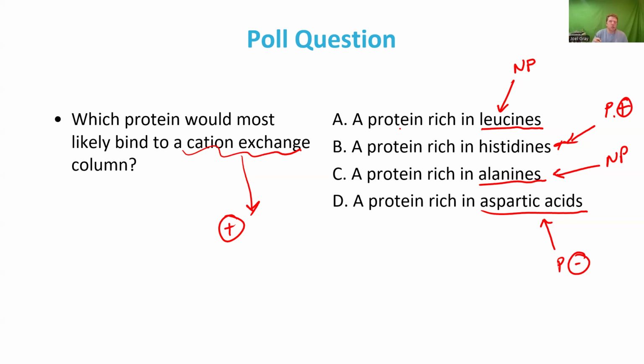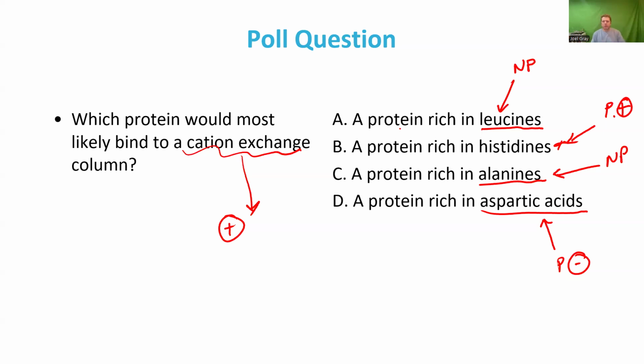Could anyone add to the chat what other amino acids we would expect to be in high abundance on a positively charged protein? Give me the single letter codes. Well, if we expect the protein to be positively charged, we expect to have positive or polar positive.